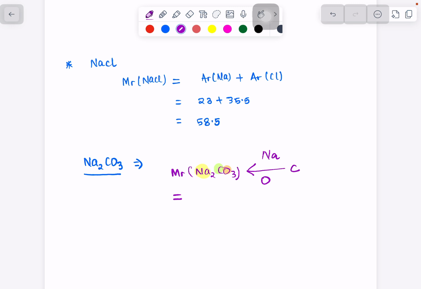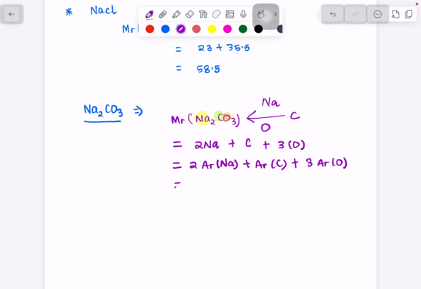Once you identify the type of element, then you look at the number of atoms of those elements present in the molecule. To identify that, we look at the subscript. So for Na, there are two Na atoms. There is one carbon, you don't need to write one, and there are three oxygen atoms. And then 2Ar Na plus Ar C plus 3Ar oxygen.